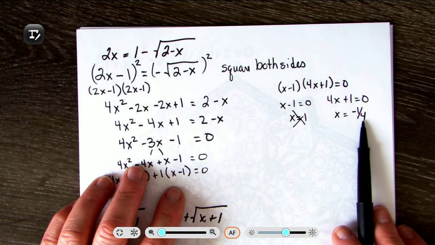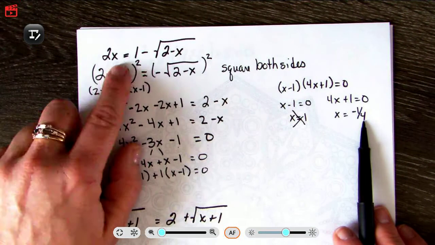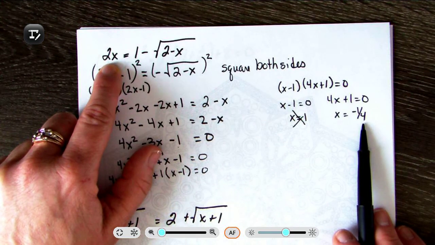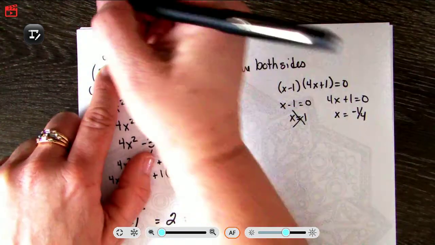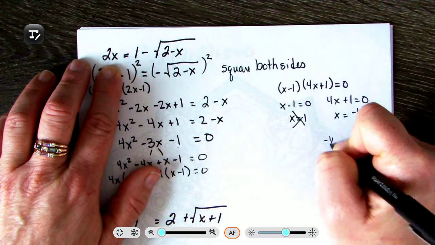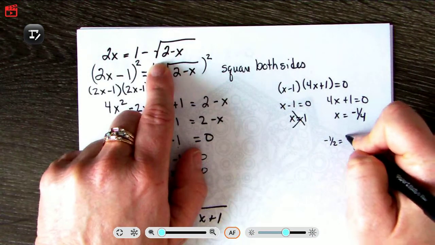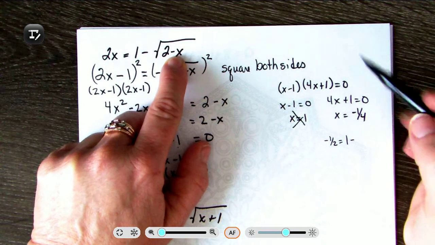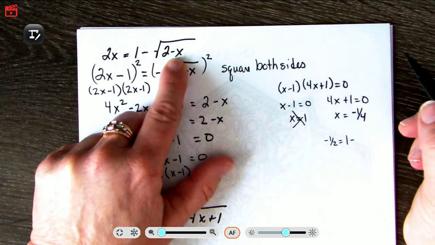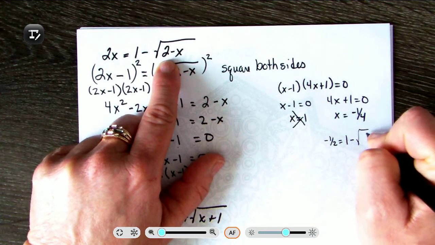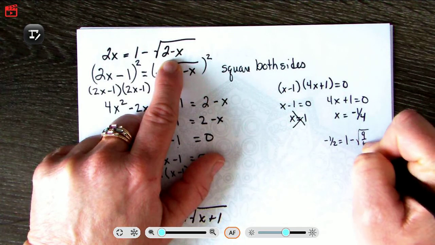Substituting in this negative 1/4, a negative 1/4 times 2 is a negative 1/2. So I'm going to write that up there, negative 1/2. And here we're going to have 1 minus, let's see, 2 minus a 1/4, that's 2 plus 1/4. 2 is 8/4, so 9/4.